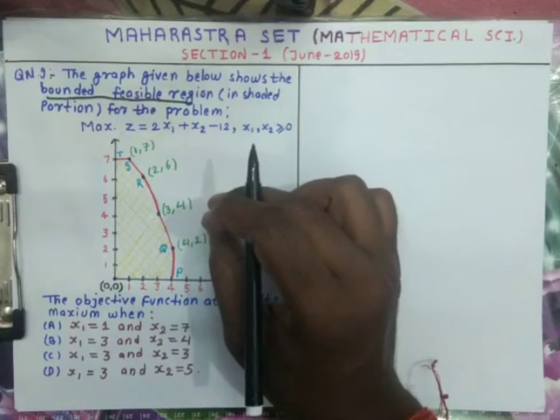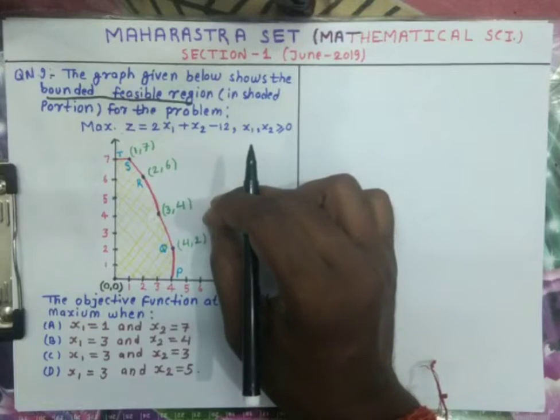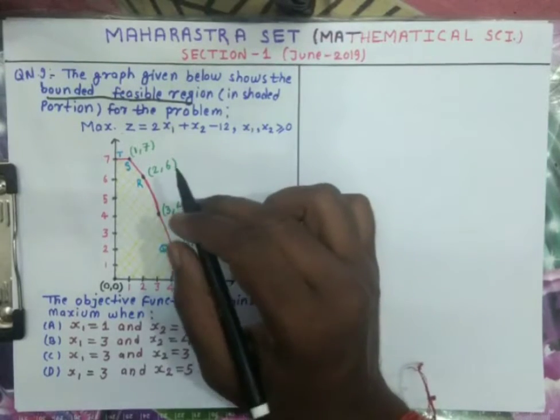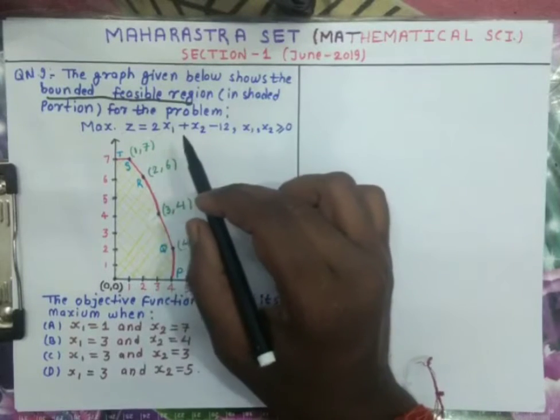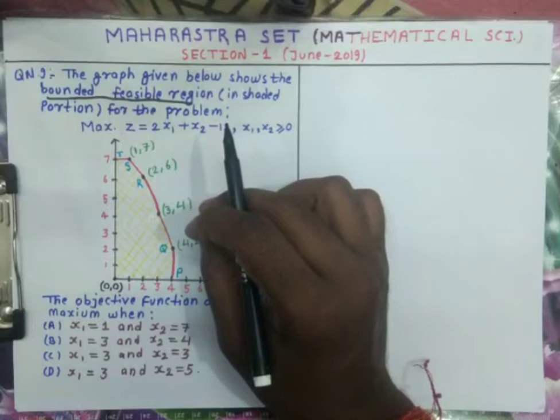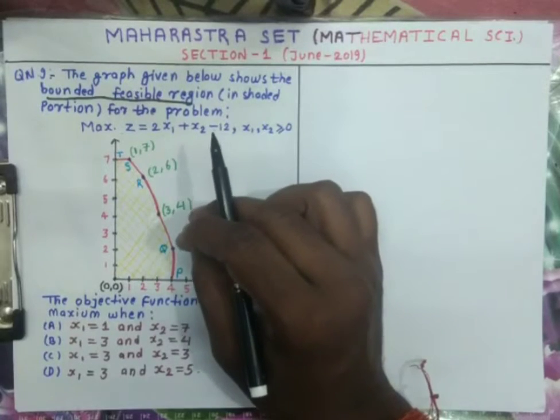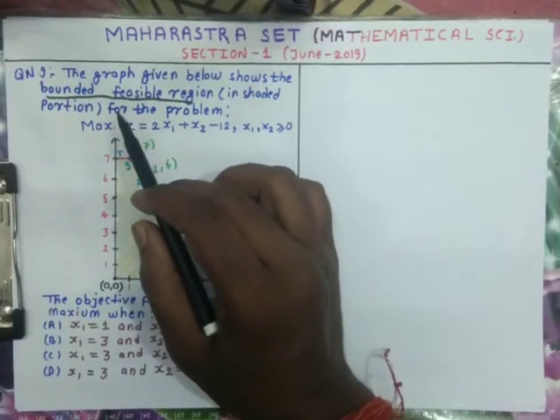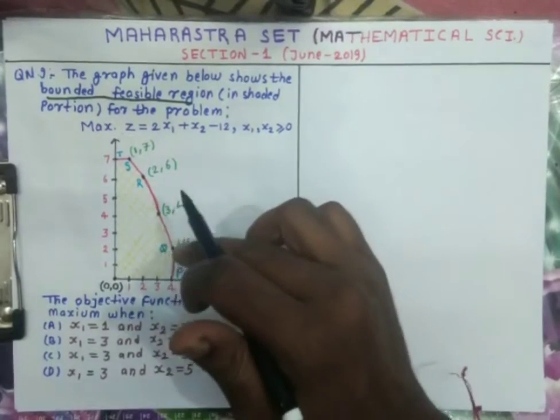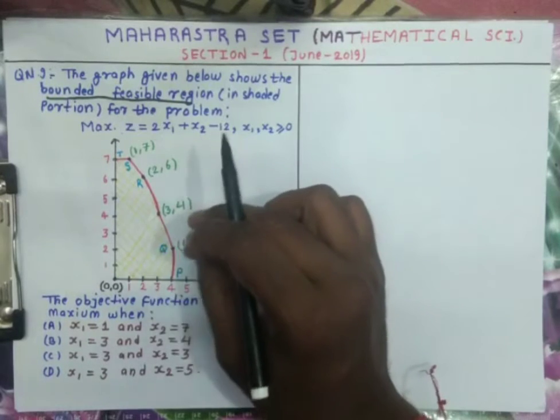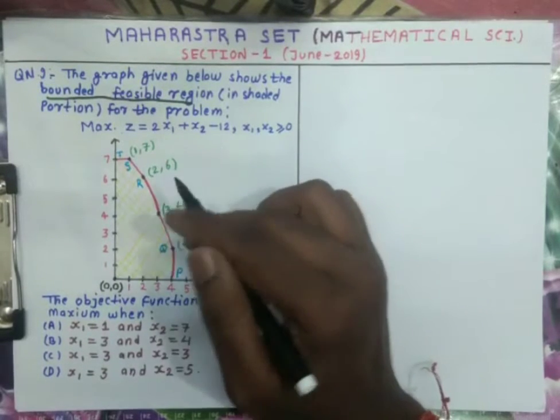There are two types of feasible region: unbounded and bounded. A bounded feasible region always attains its maximum and minimum, and here we have to find the maximum.